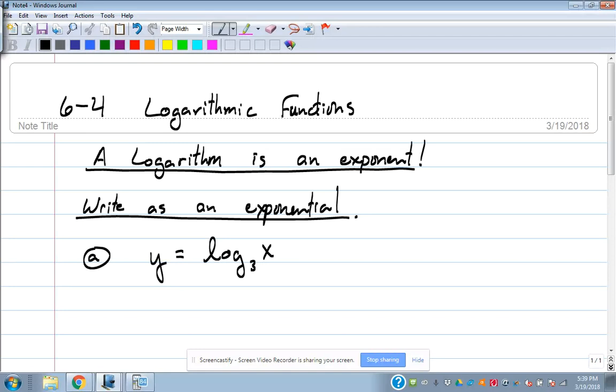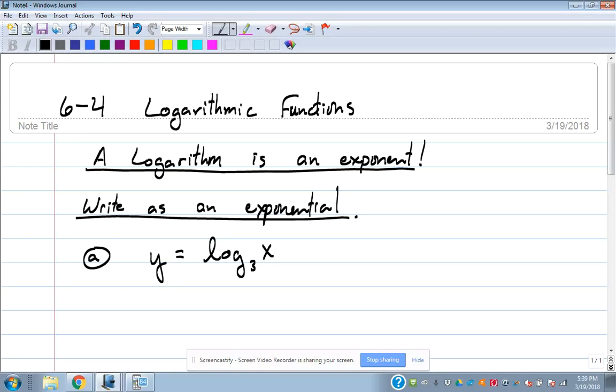Log base 3 of x is equal to y. Okay? A logarithm is an exponent. What that says is that a logarithm, this thing, is equal to an exponent. This right here, the y, is an exponent.